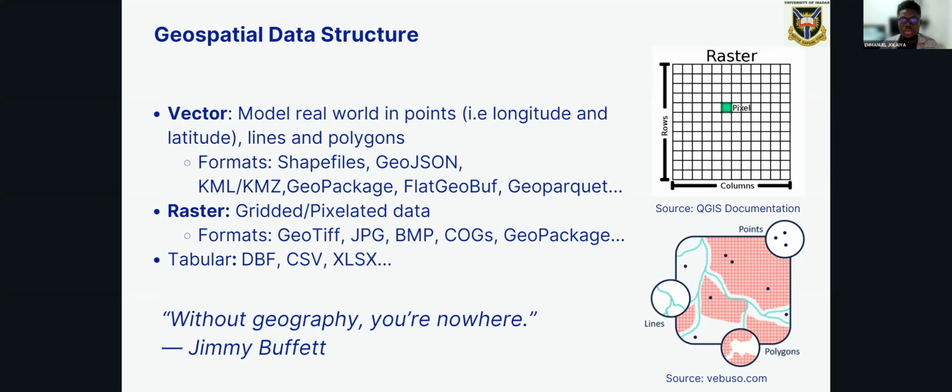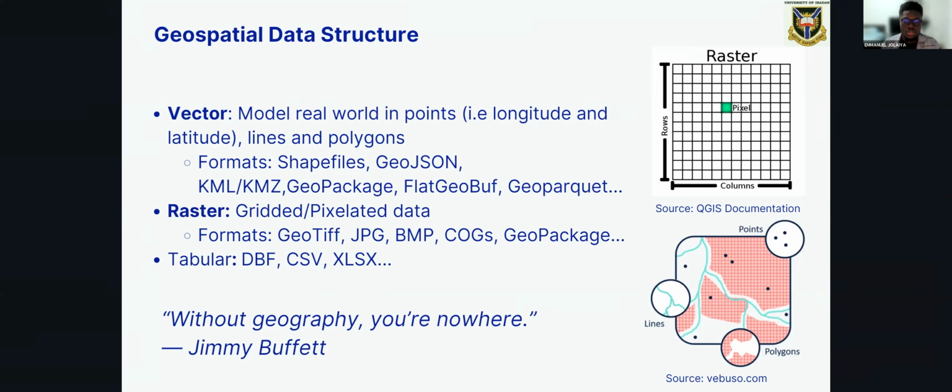For example, on Google Maps, we use lines to represent roads, polygons to represent buildings, and lines to represent rivers. And then we use points to represent points of interest like ShopRite and banks and stuff like that. So those are vector data sets. We use them to represent the real world.